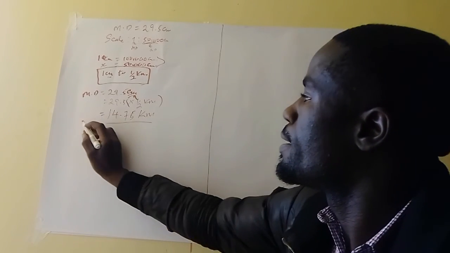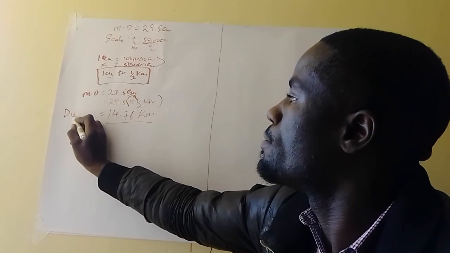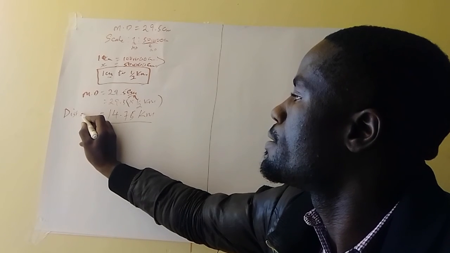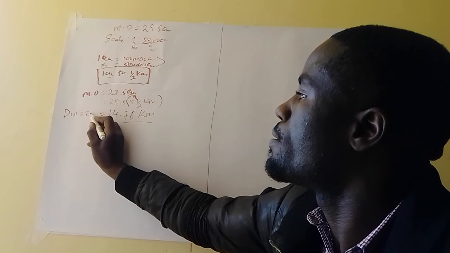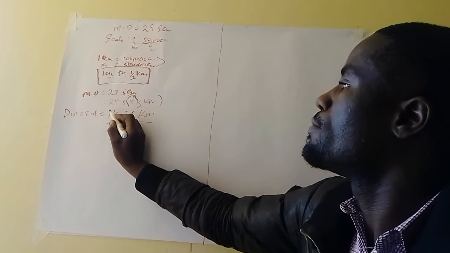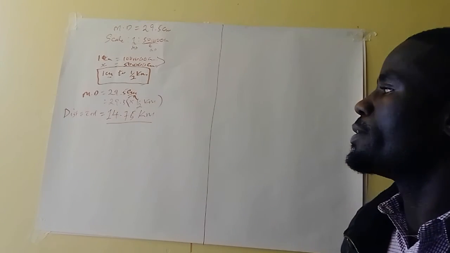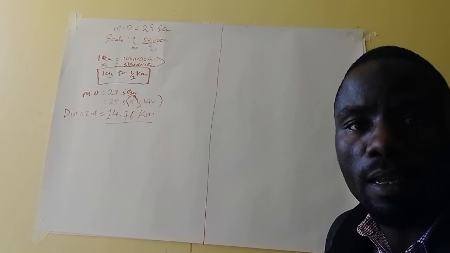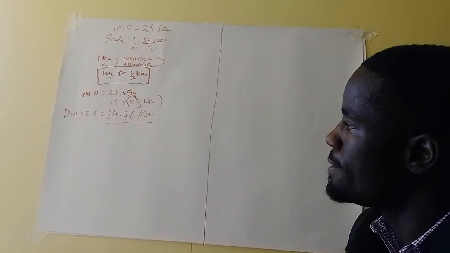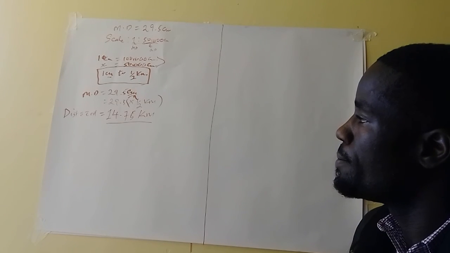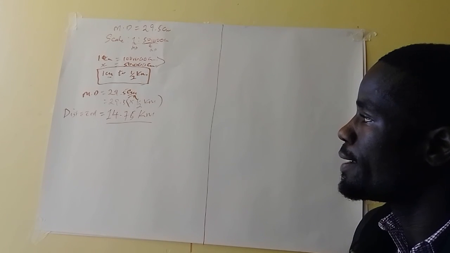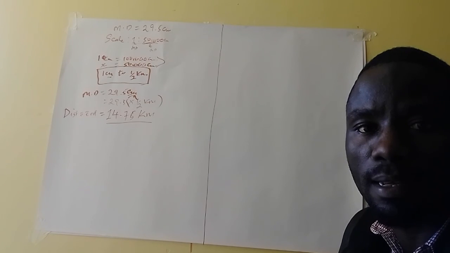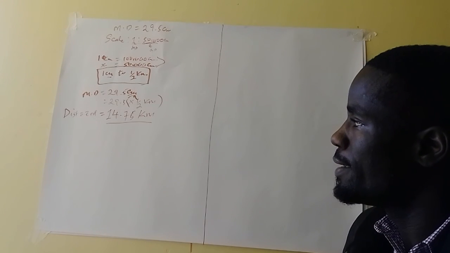That means the distance of the road was 14.75 kilometers. That is how to measure a straight line distance.